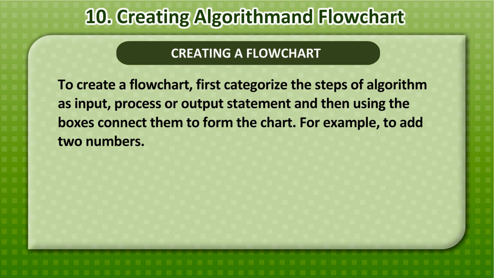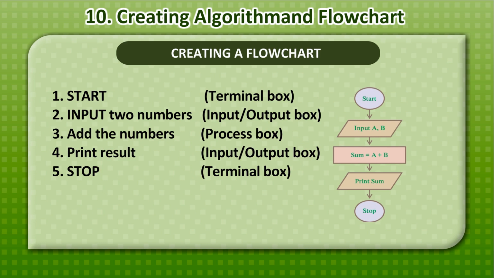Creating a flowchart. To create a flowchart, first categorize the steps of the algorithm as input, process, or output statements, and then using the boxes, connect them to form the chart. For example, to add two numbers. 1. Start. Terminal box. 2. Input two numbers. Input or output box. 3.